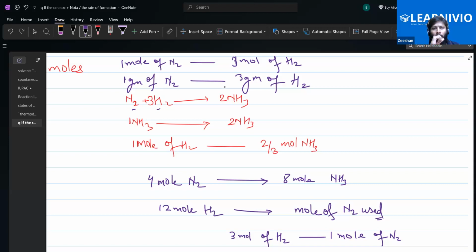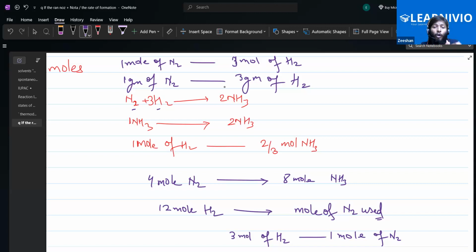In gram, they're talking about the weight of the compound. And in the first, we have moles. They are not the same thing. So you have to keep this point in mind: in the reaction, the reactants are reacting and the products are forming.